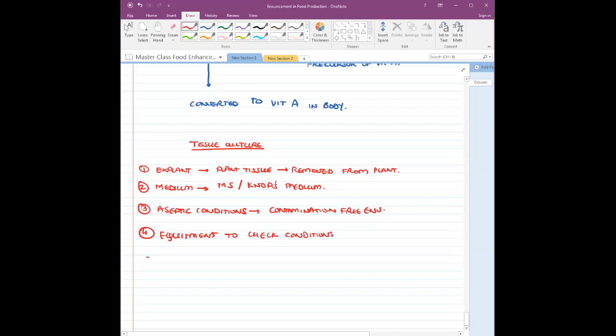And finally, we are going to require some plant hormones, especially your auxins and your cytokinins. By using different combinations of auxins and cytokinins, you can initiate either shoot generation, caulogenesis, or root generation, that is rhizogenesis. So these two are going to be very important, guys.